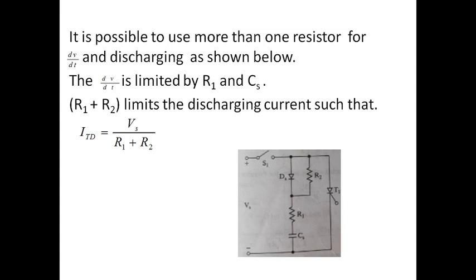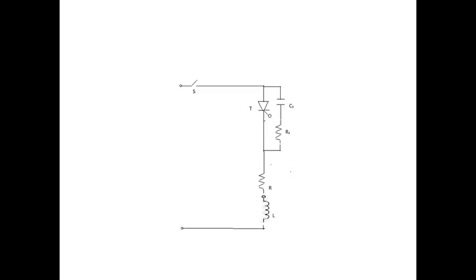So next, there is one trick here. As I told earlier, when you connect a resistor in series with the capacitor, it is parallel to the SCR. Now what happens here if you use a big R, a little high R? Charging happens very slowly.